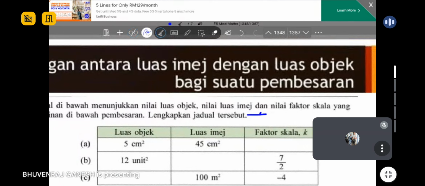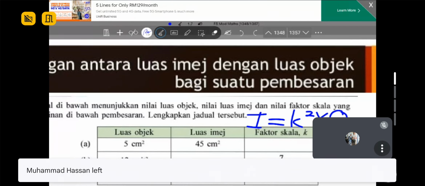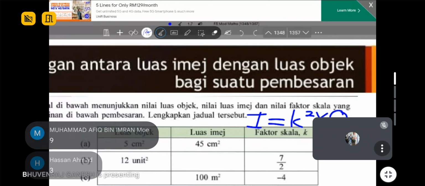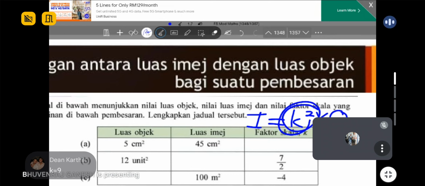Guys, basically the formula is I equals k squared times object. So can you all tell me, first answer, what will you get? The scale factor. It is k squared. Careful guys, k squared, it's not k.